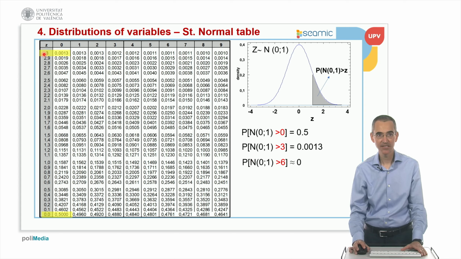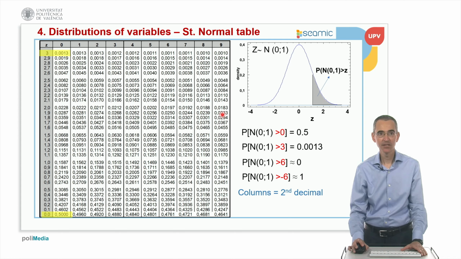Well, 6 is not in the table, the maximum value is 3, but if we think with logic, we can say that this value is nearly 0. Or we can think about the probability to be bigger than -6. -6 is here, so bigger than -6 will be approximately 1.